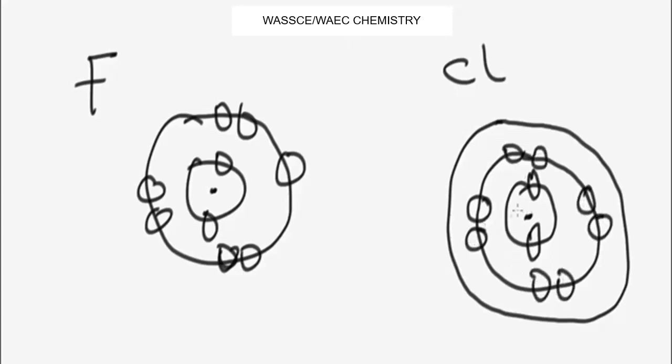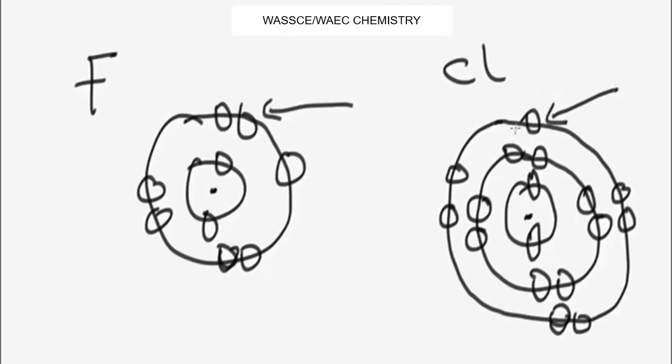The third shell, now 8 plus 2 is 10, remaining 7. So the 7 will occupy this third shell. Okay, 6, 7. So if you check the outer shell, we have 7 electrons.